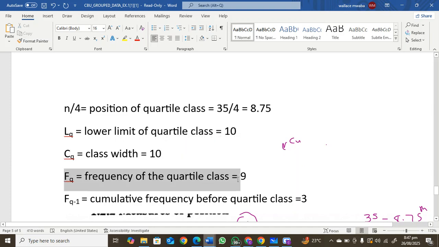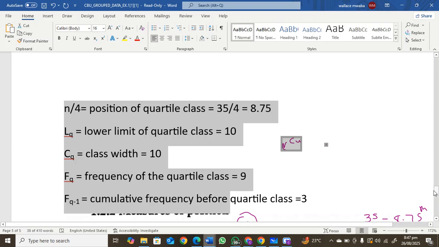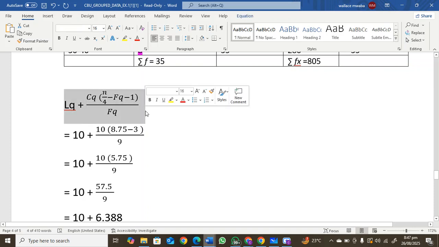The frequency of the quartile class is 9. All of this information is from the table. Then the cumulative frequency before the quartile class is 3. Once you've got all this information, you just put it into the formula here. Any questions before we move to the upper quartile?